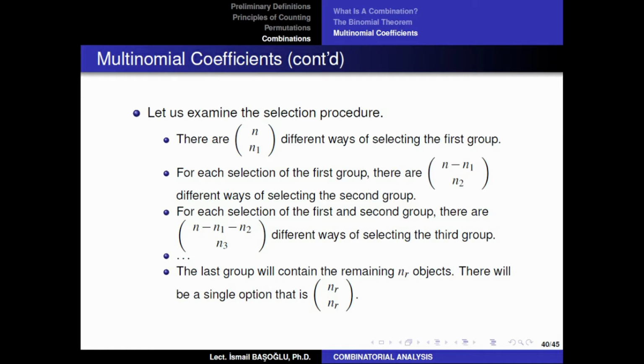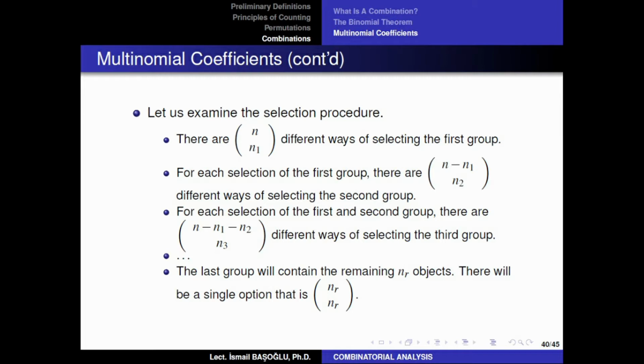After selecting the first group, there remain n minus n1 elements in the parent population. And in the remaining parent population, we need to select n2 of them to create our second group. Therefore, n minus n1 choose n2 different ways can be created to select the second group.